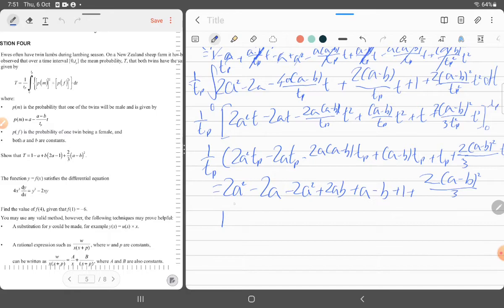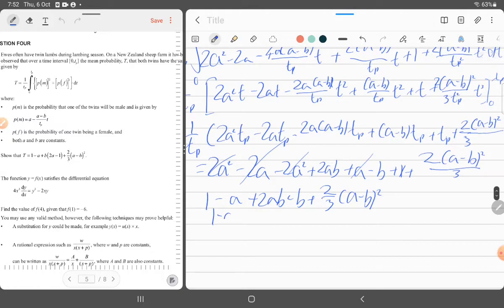Let me just rearrange that. So 1, these two cancel out, minus a plus 2ab minus b plus 2 over 3 a minus b all squared, which is minus a plus b brackets 2a minus 1 plus 2 over 3 a minus b all squared, which is this.